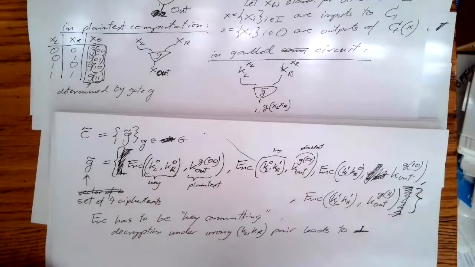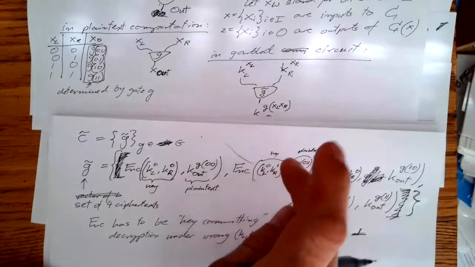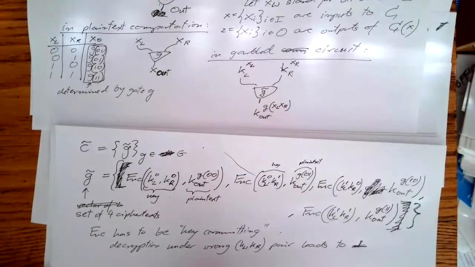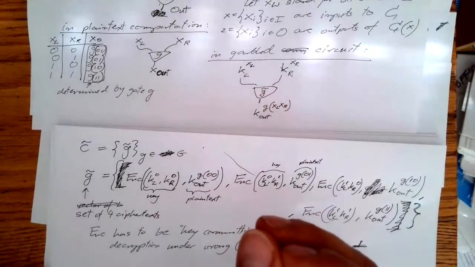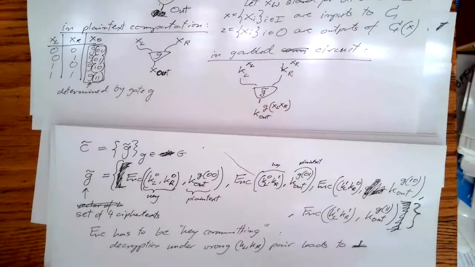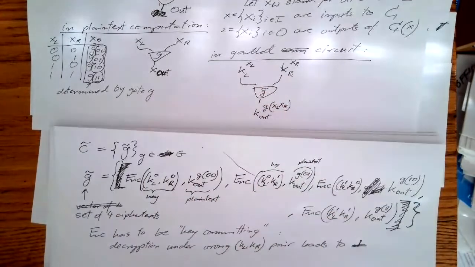So then you will know that's the one to take. That's the value of the key on the output wire. Then you should recurse this computation for subsequent gates.